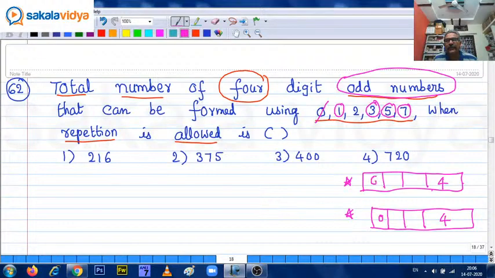Sorry, 6 ways only: 6, 6, 6. So the first three places can be filled in 4 into 6 cube ways.